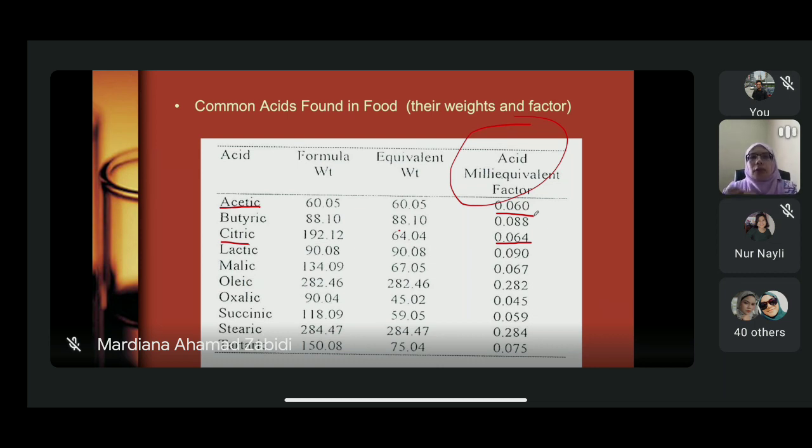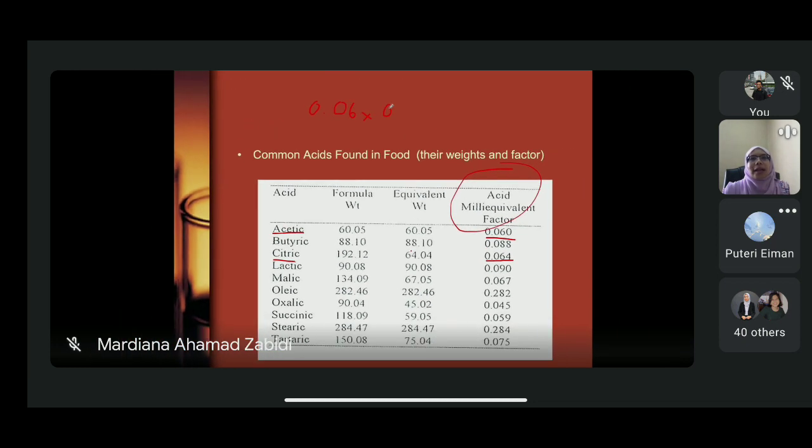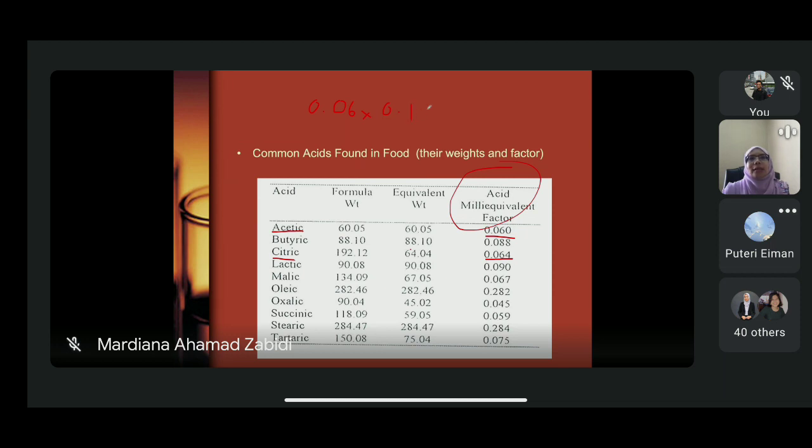This one is meant for 1 normal of NaOH. Okay, cuba you tolong tekan kalkulator you ke ataupun dalam kepala you if you terror mathematics. If 0.06 you times by 0.1, what will be the answer that you get? 0.006. Kejap saya tulis kat sini, sorry I tak ada pen. 0.06 times by 0.1. Nampak tak jawapan dia is equivalent to 0.006.